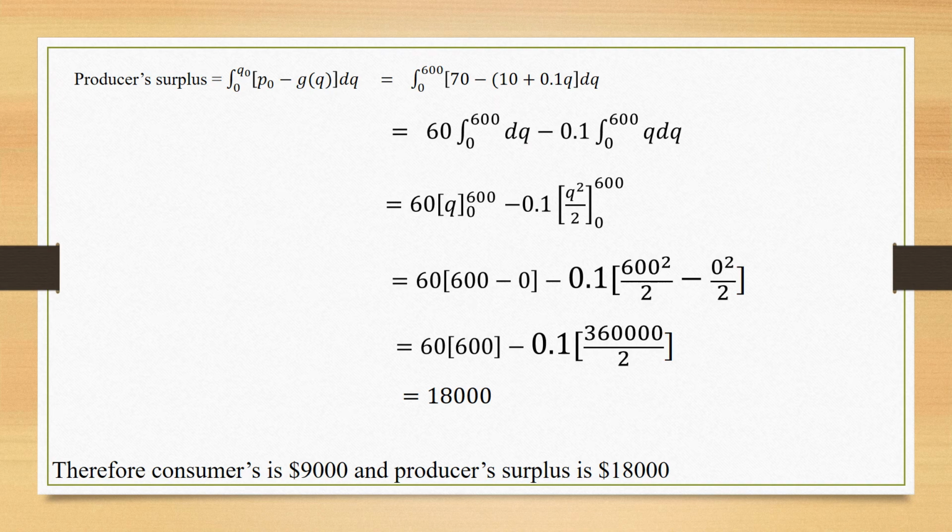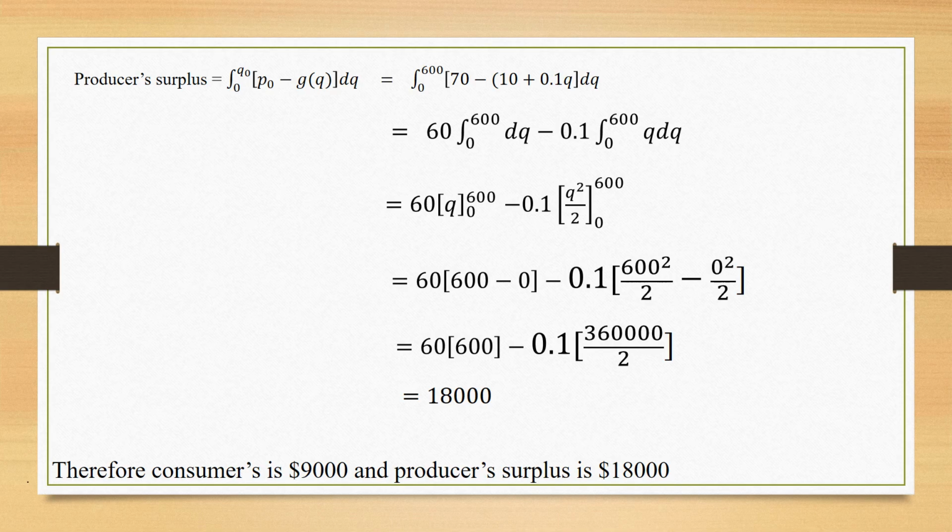Now, dear student, in our previous slide we found the consumer surplus, but in this slide we will find the producer surplus.